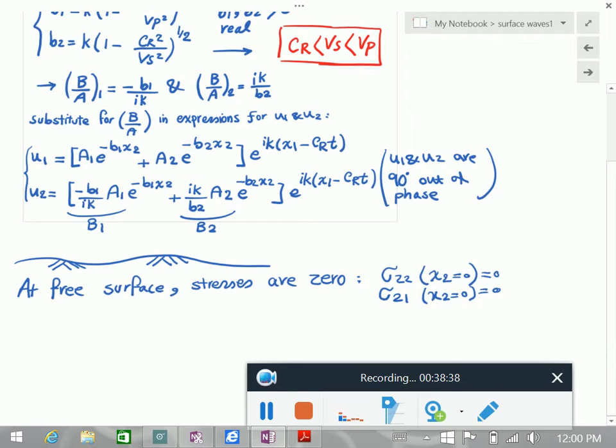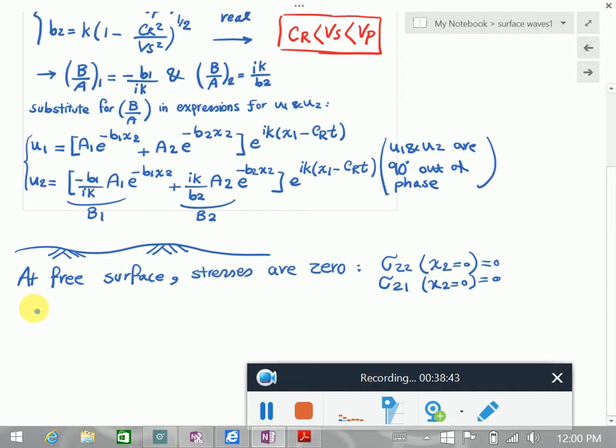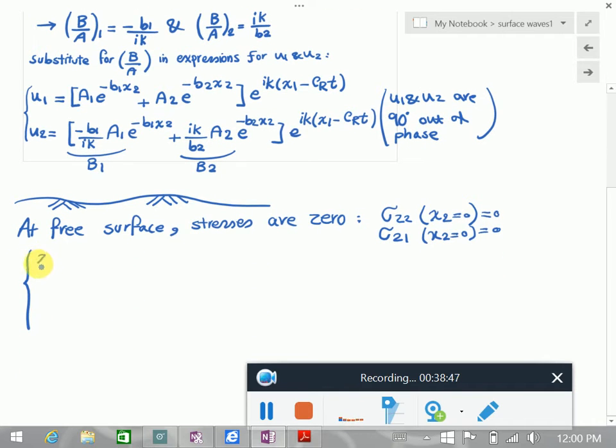You know these expressions, you have them in your notes. If we do that, we are going to get these two equations. This is really imposing the boundary condition.